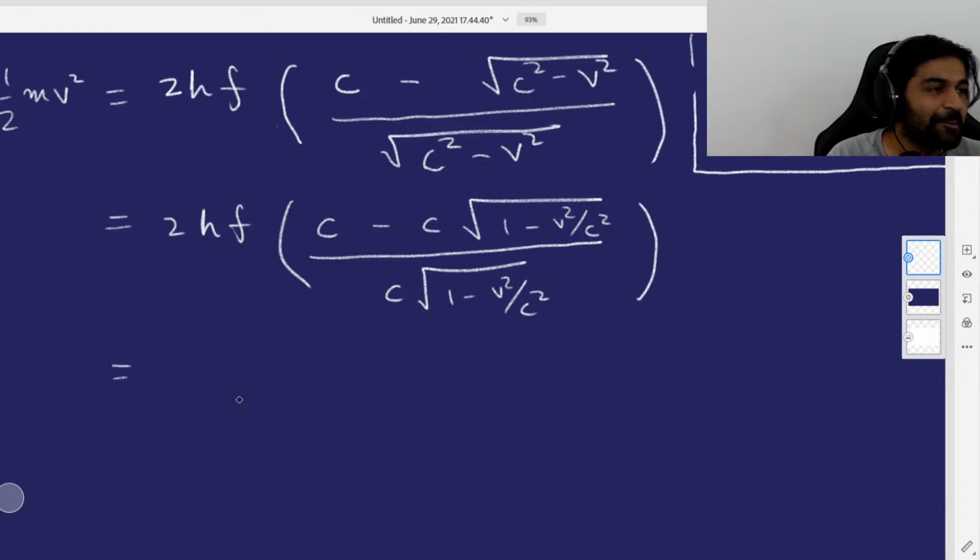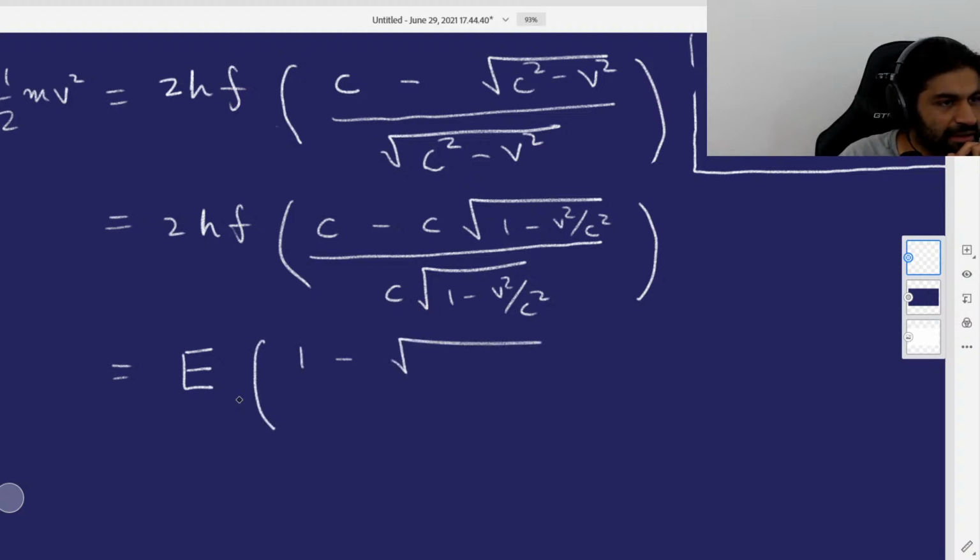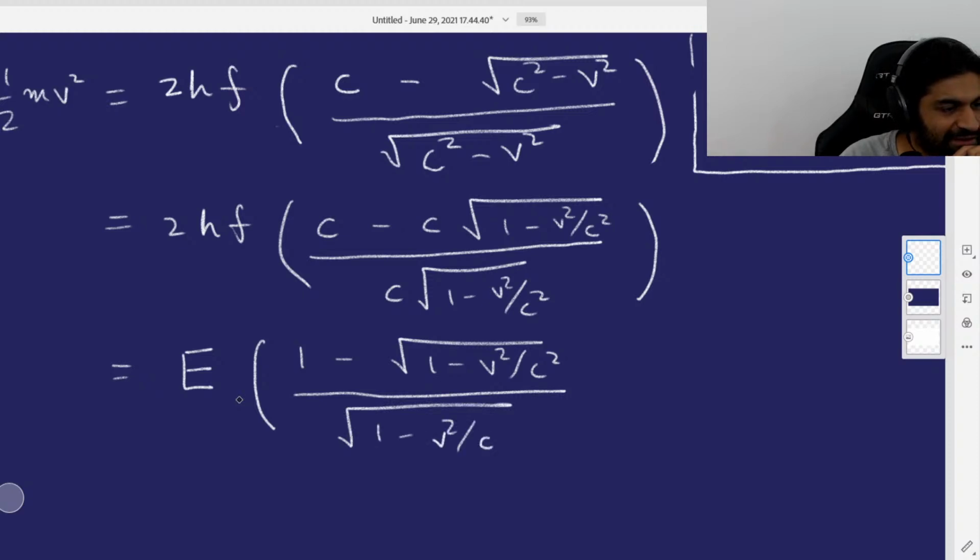I have 2hf. By the way, 2hf was the energy, right? If you recall, the energy of the two photons going in both directions. So I'm just going to replace this 2hf with an E. OK, all the c's cancel. And now I have 1 minus the square root of 1 minus v squared over c squared, divided by the square root of 1 minus v squared over c squared.